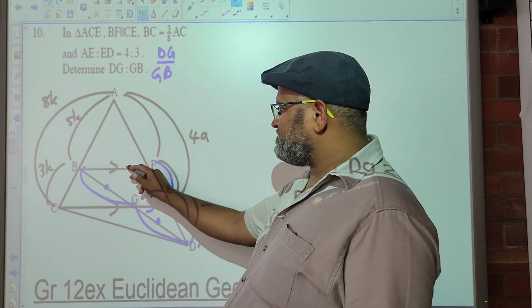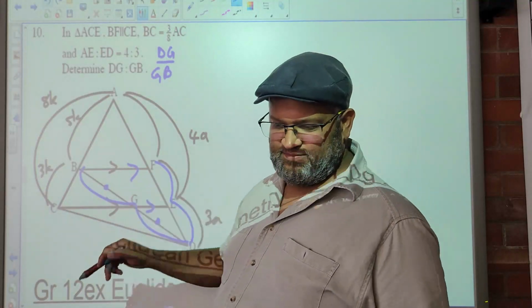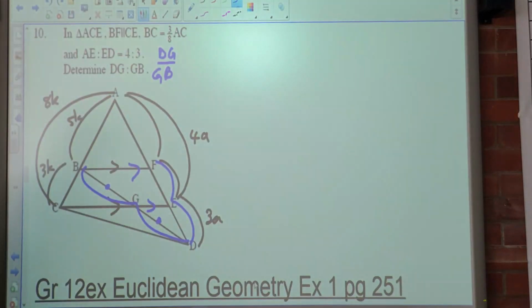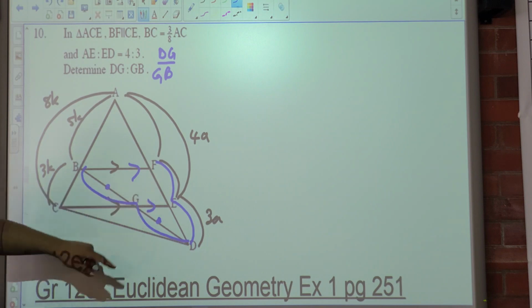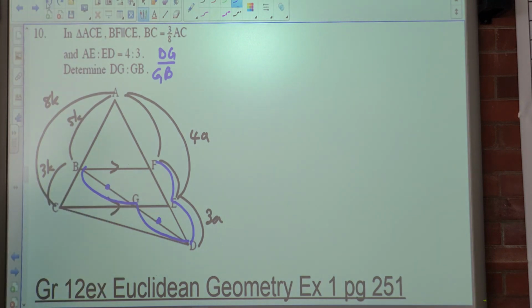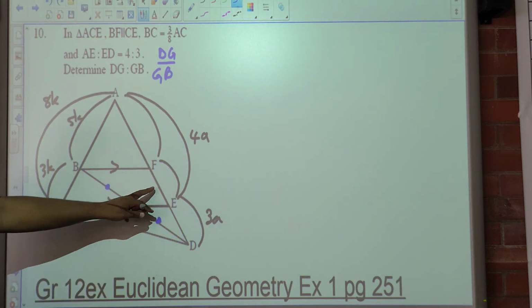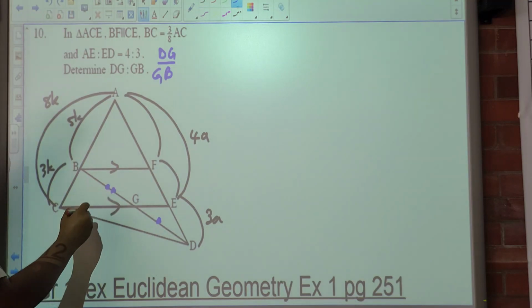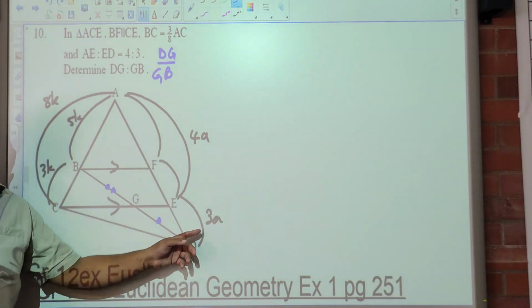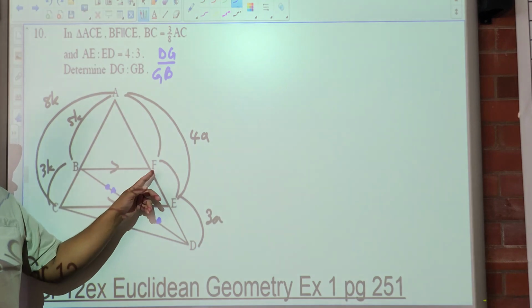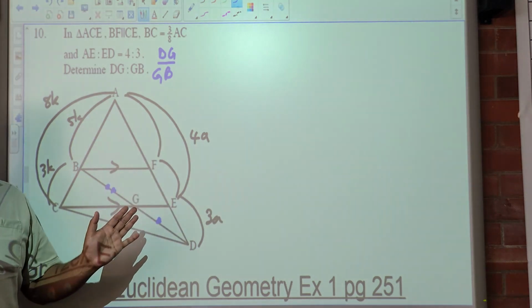Why? Because those lines are parallel. Right. But what am I shortening here? I'm shortening FE. Can you see that? Because I got ED in terms of A. So if I get FE in terms of A, I've done the job.